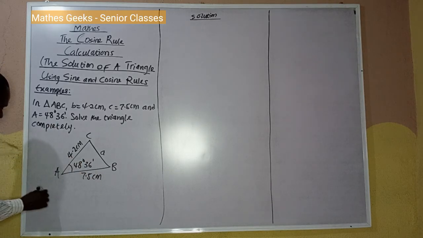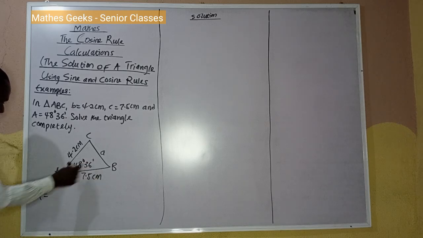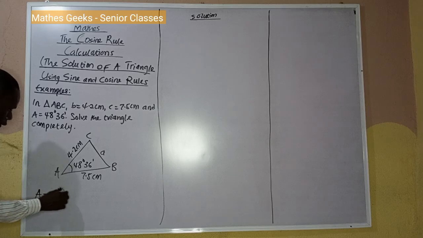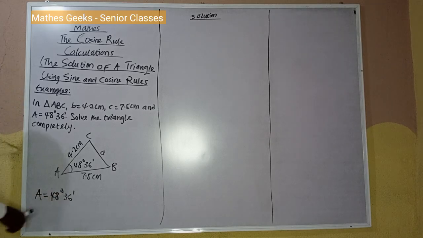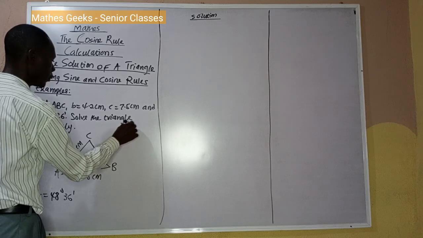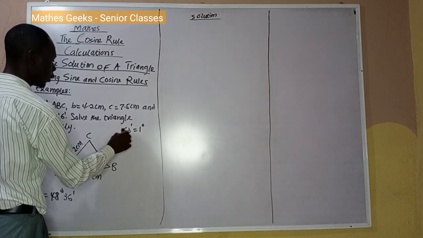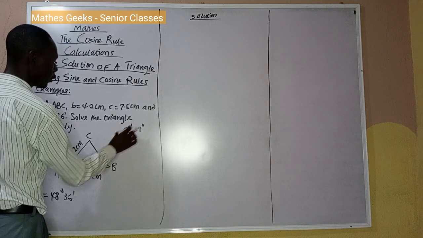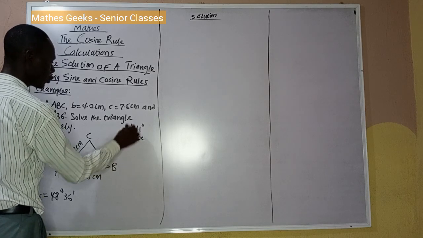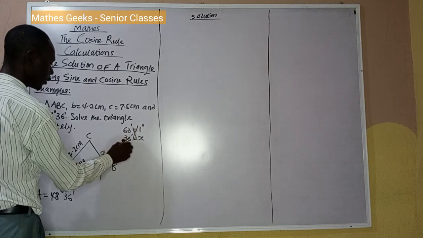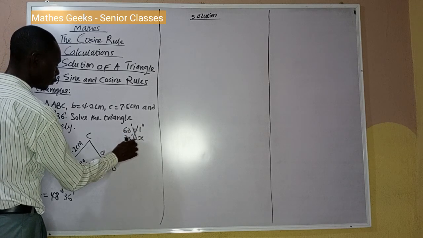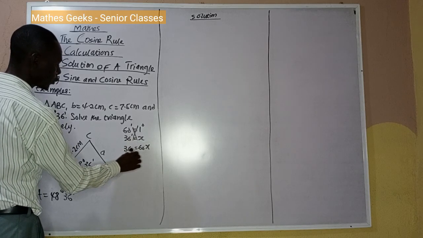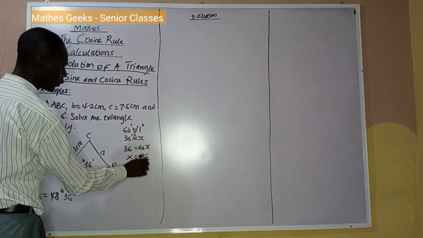Okay, so first thing, let's solve. We discover that angle A is given in degrees and minutes, so we have 48 degrees 36 minutes. From our conversion, 60 minutes is equal to 1 degree. So we're going to look for the equivalent of 36 minutes in degrees. 36 minutes is equal to x. We cross multiply: 36 minutes equals 60x, and then x equals 36 divided by 60.